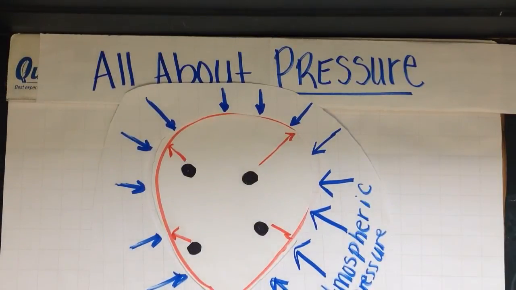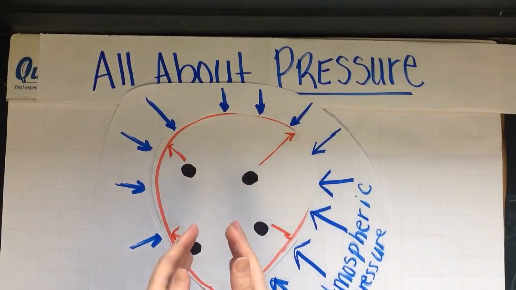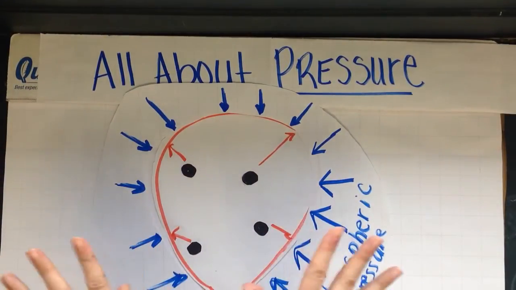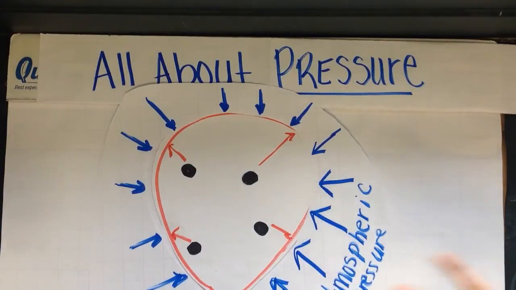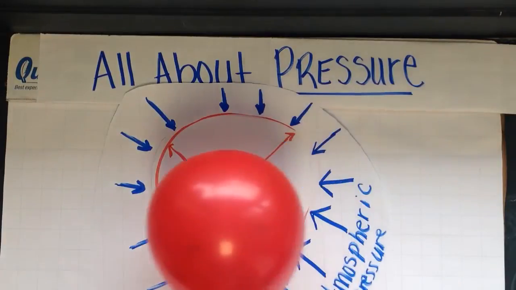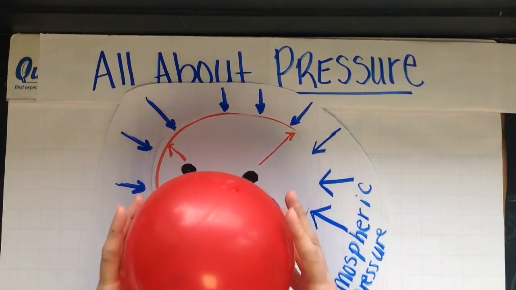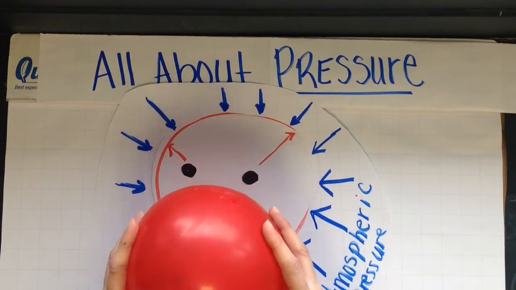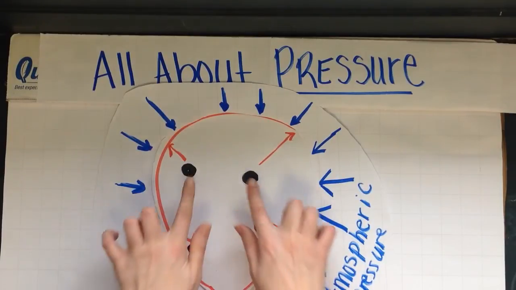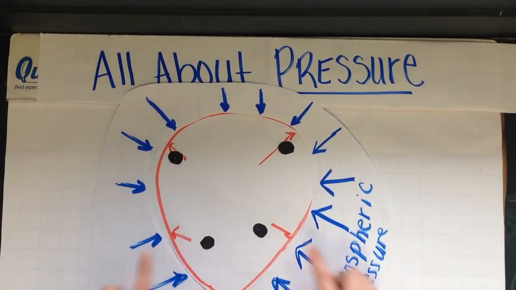That's the atmospheric pressure. All the gas outside the balloon is also pushing on it. So the ones inside are pushing in, and the gas molecules outside are pushing on the balloon. So the balloon doesn't pop because it feels both an outside atmospheric pressure and an inside gas pressure.